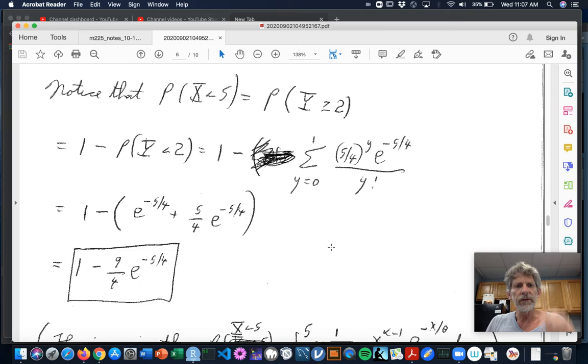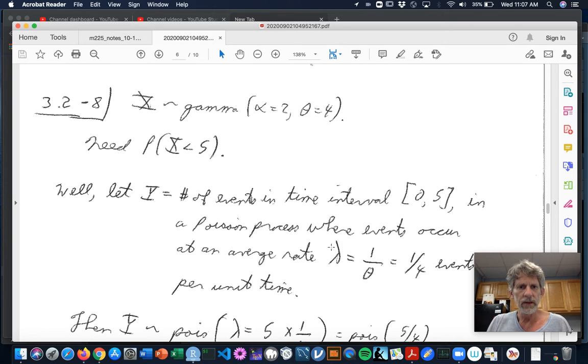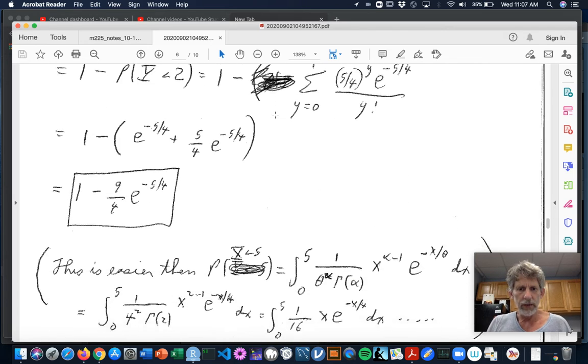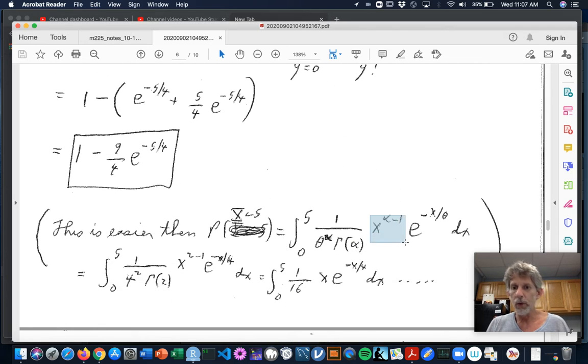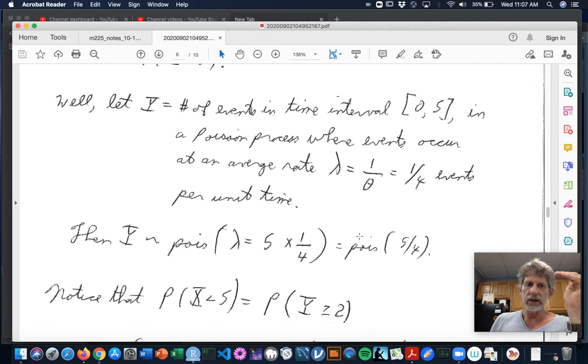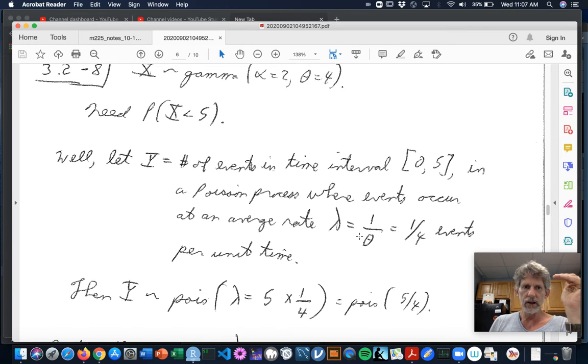Because what if alpha had been a 5 instead? Then I would actually end up looking at X to the 4th here. I would have to do integration by parts 4 times to get that integral. Grunt work. Is there a way to avoid grunt work? And yes, there is: insight into the structure of the situation.